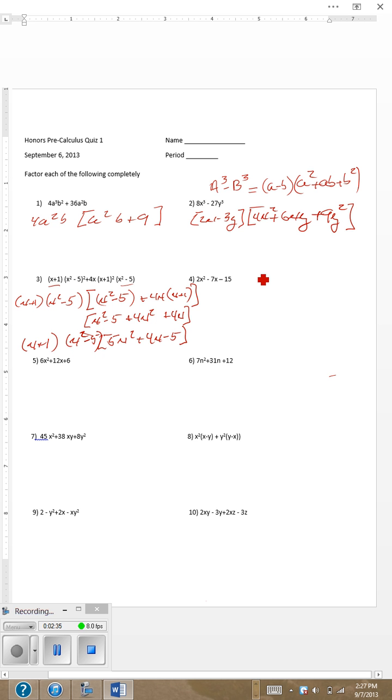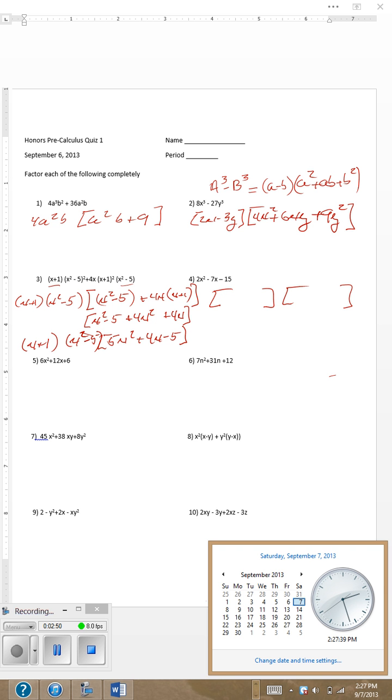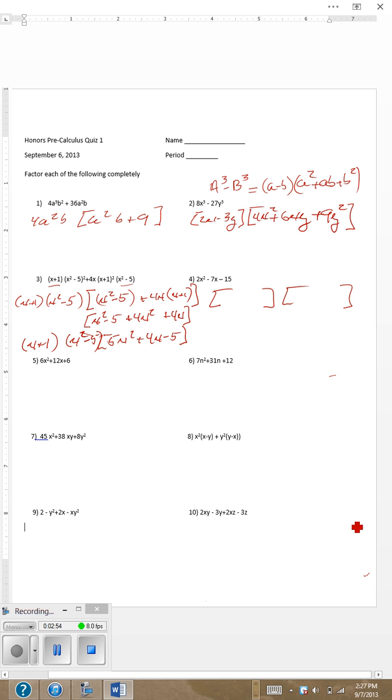Factor completely. Quadratic trinomial. Can, if you want, multiply the ends. We can do trial and error. I'm going to realize that I have 2x or 1x.